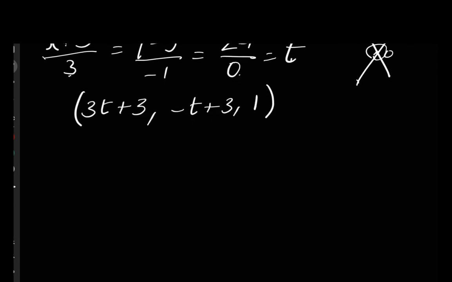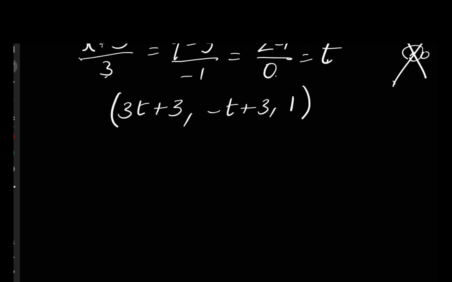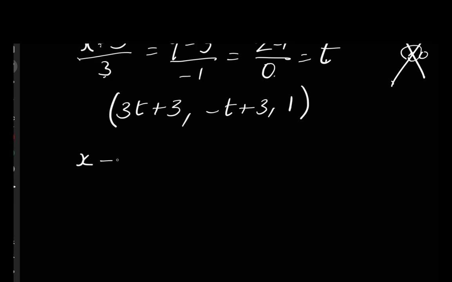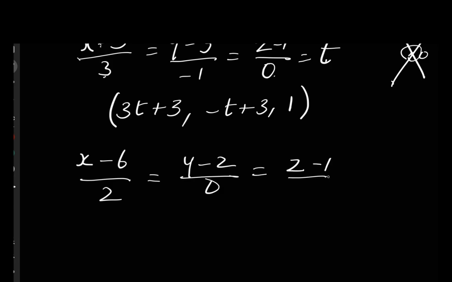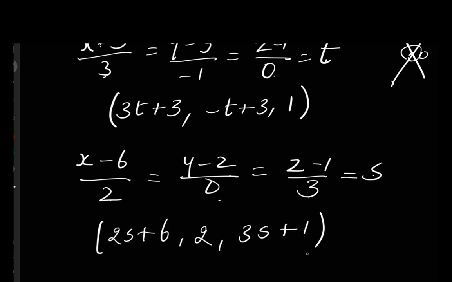This is the first point. Now take the second line, (x minus 6) by 2, take the y value, (y minus 2) by 0 is equal to (z minus 1) by 3. Let me take this as s. So the point is 2s plus 6, 0 plus 2, 3s plus 1.